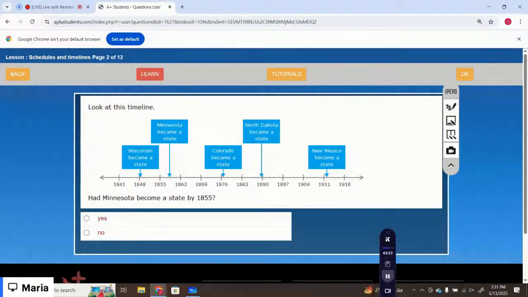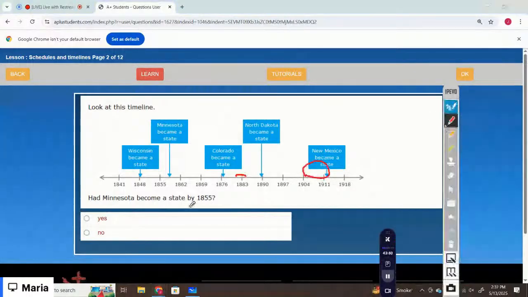Look at this timeline. Had Minnesota become a state by 1855? So 1855, where is 1855? Here it is. And Minnesota became a state that would be after 1855.